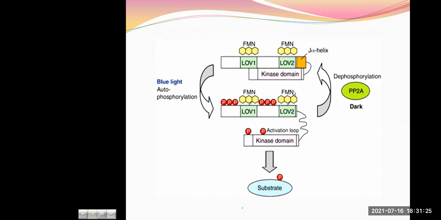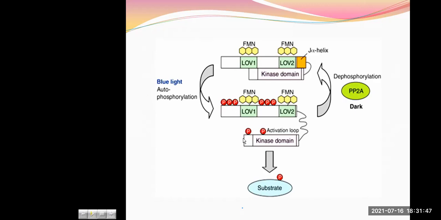Now this FMN is the actual site for absorption of this blue light. And what happens? This kinase domain gets unfolded from the N-terminal domain, that is the domain containing LOV1 and LOV2, and this kinase domain too is phosphorylated.